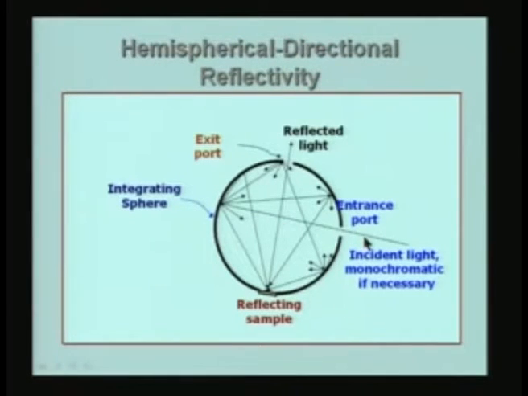So, you can see that the light which is incident through this port or hole, falling on a small area on the sphere at this location, gets reflected in all directions, and the light which is received by the reflecting sample apparently comes from all directions.